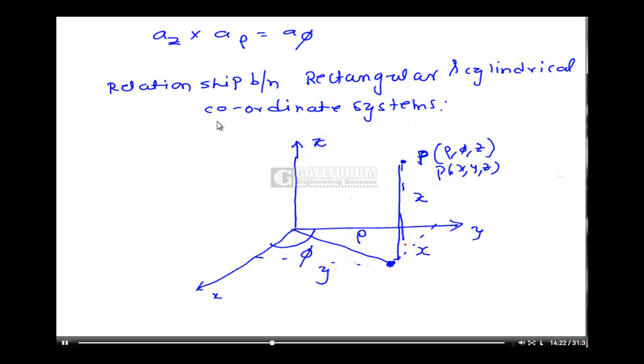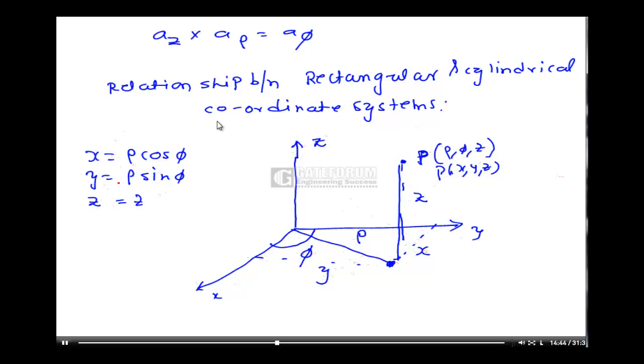So you can write x = rho cos phi, y = rho sin phi, z = z.